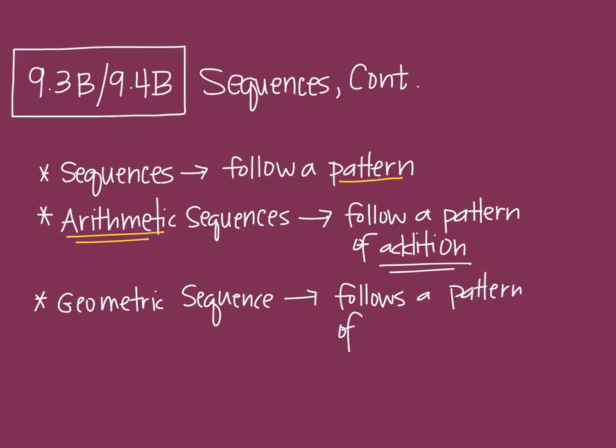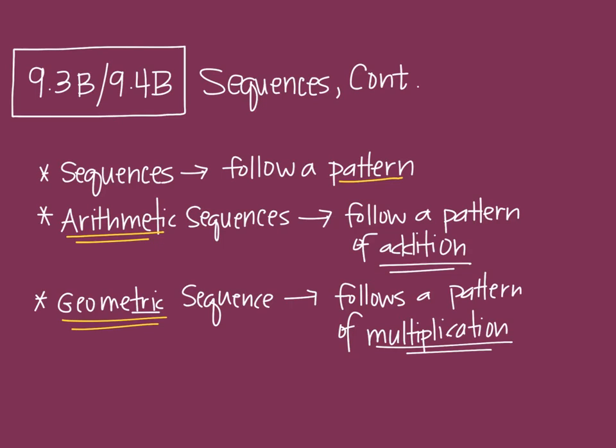And just like yesterday, we talked about how addition could take the form of both positive increase, but it also could be negative because that's just adding a negative number, which is what subtraction is. Multiplication covers division as well, all right, because sometimes you multiply by a number that's greater than 1, and then that sequence is going to grow and that's going to make things bigger.